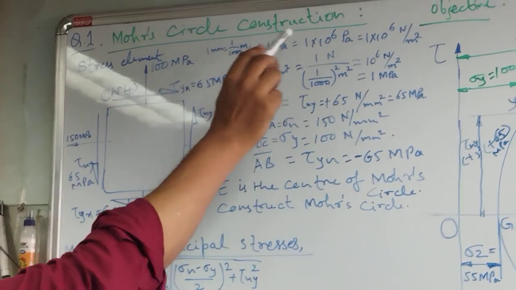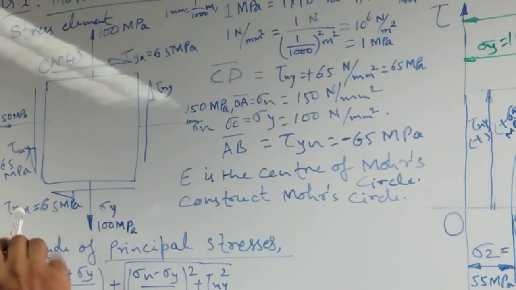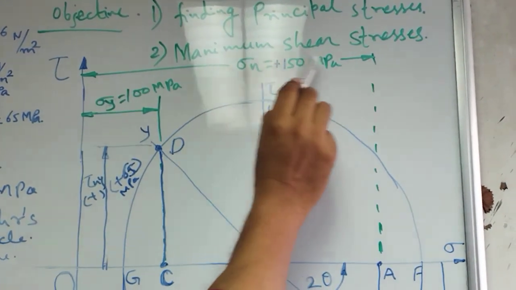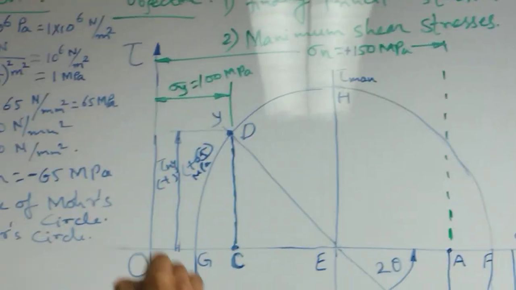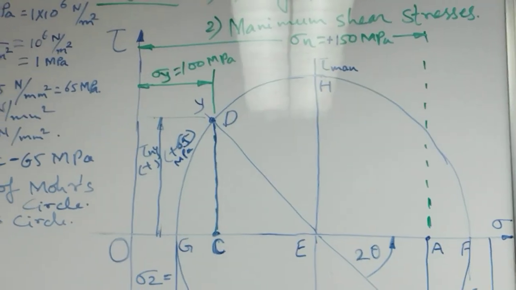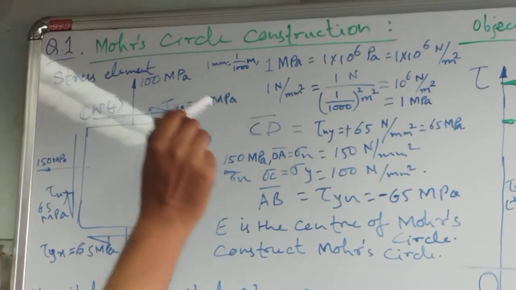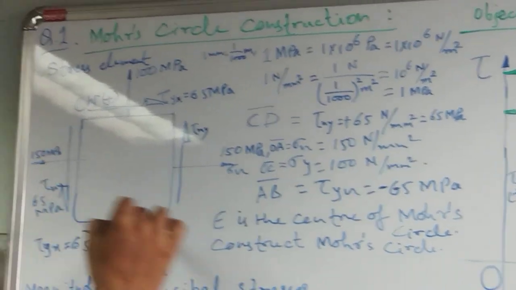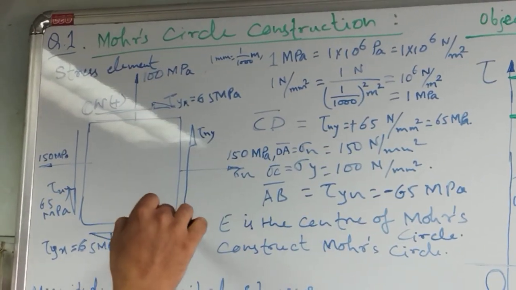Today's class is Mohr circle construction and finding the principal stresses and maximum shear stress by the application of the Mohr circle. Therefore, first we have the dimensions of the figure of the Mohr circle.